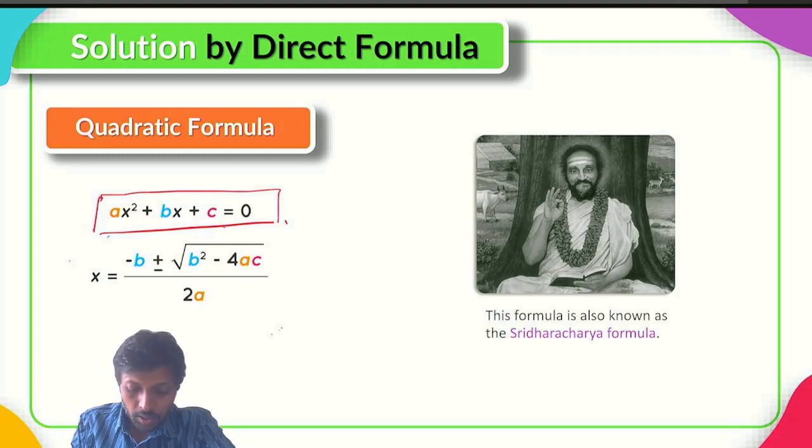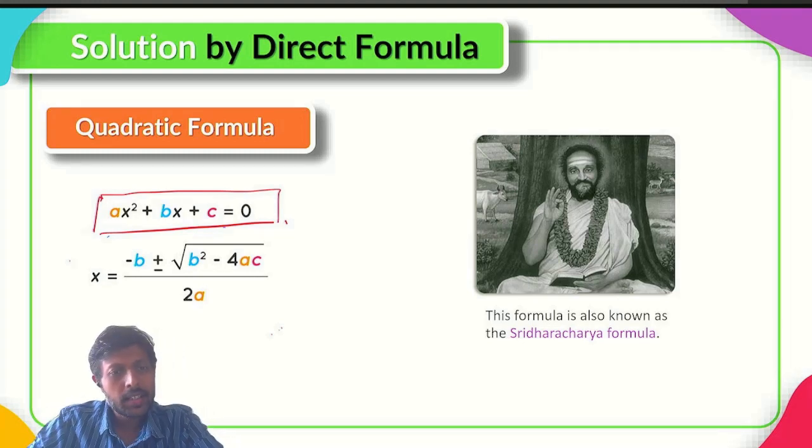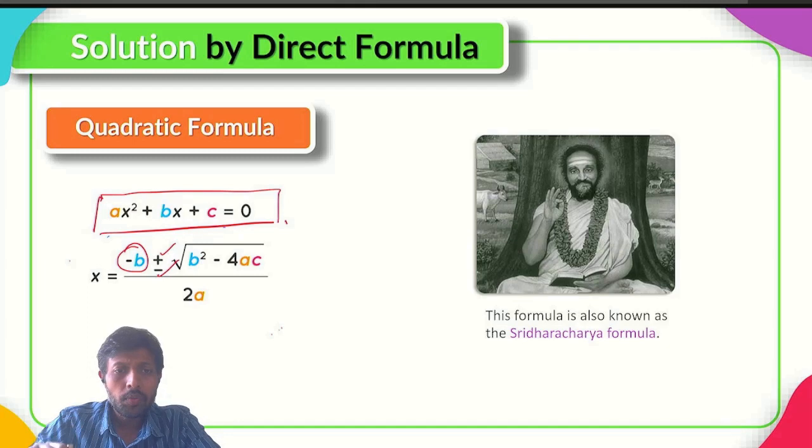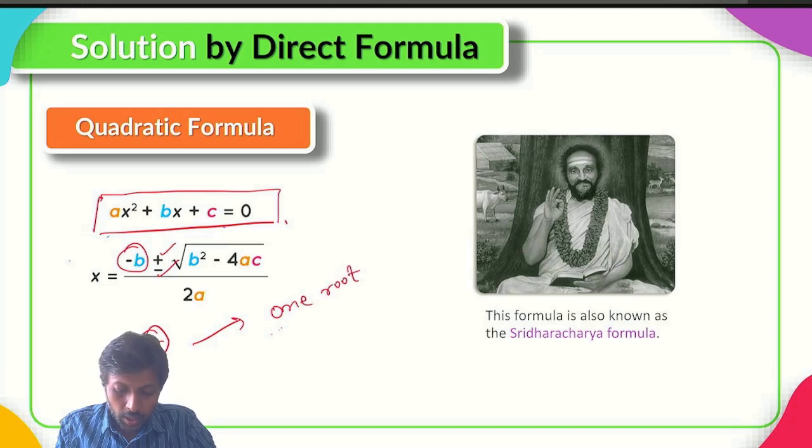And here's the formula to find out the roots. So x is equal to minus b plus or minus square root of b square minus 4ac upon 2a. That's the formula. Now, when you take plus, you'll get one root, and when you take minus, you'll get the other root.